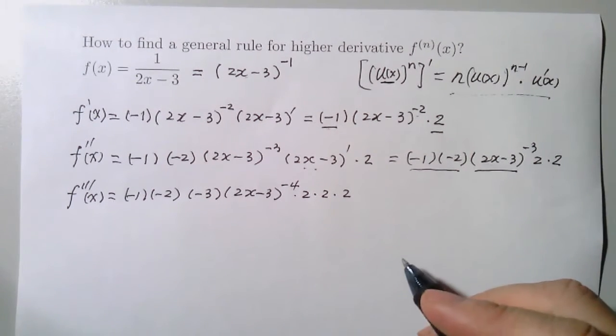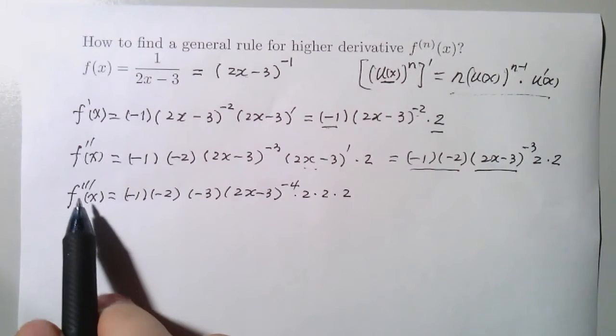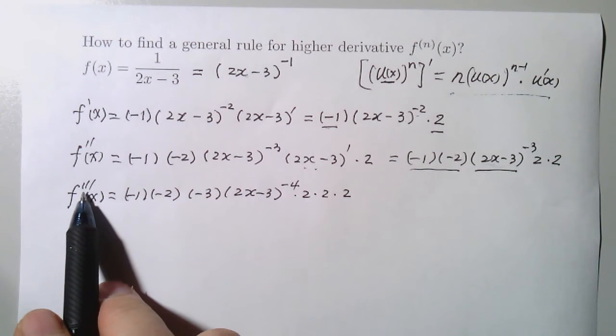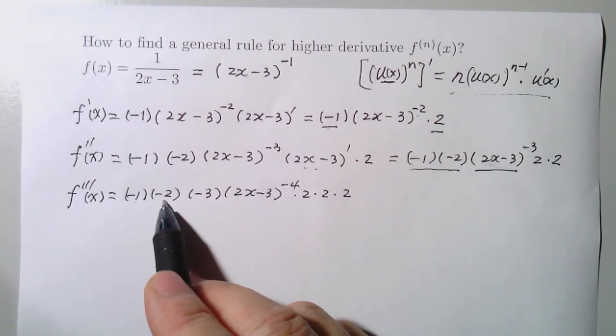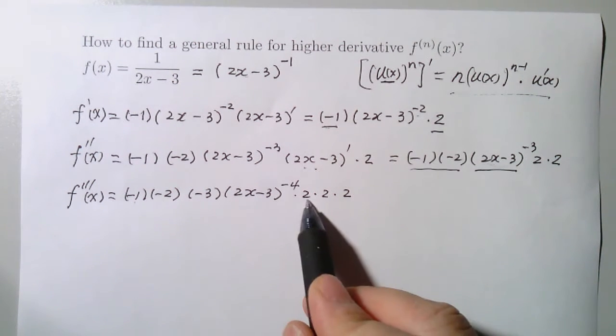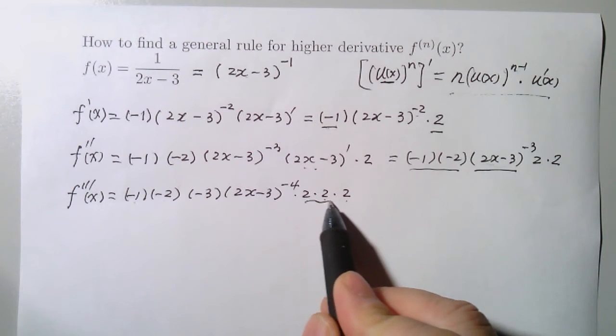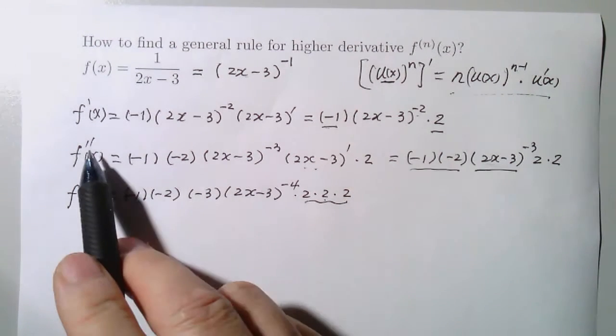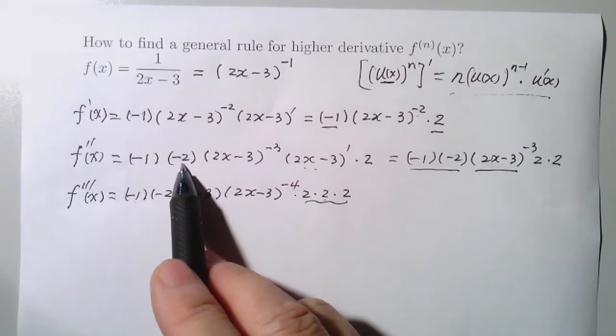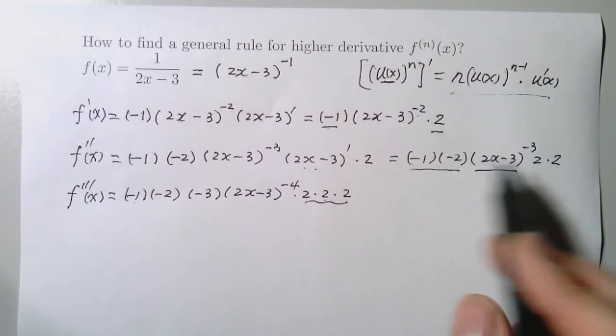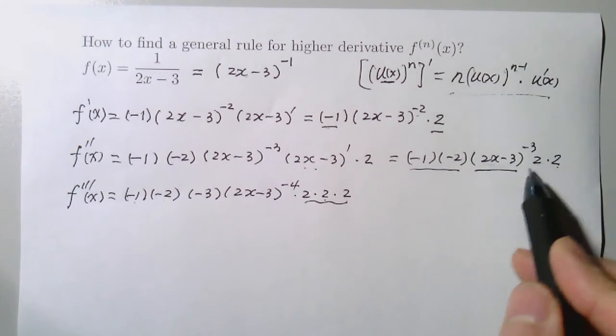Take a look here. When you have the third derivative, you have -1, -2, -3, and 3 twos. When you have the second derivative, you got -1, -2, and 2 squared.